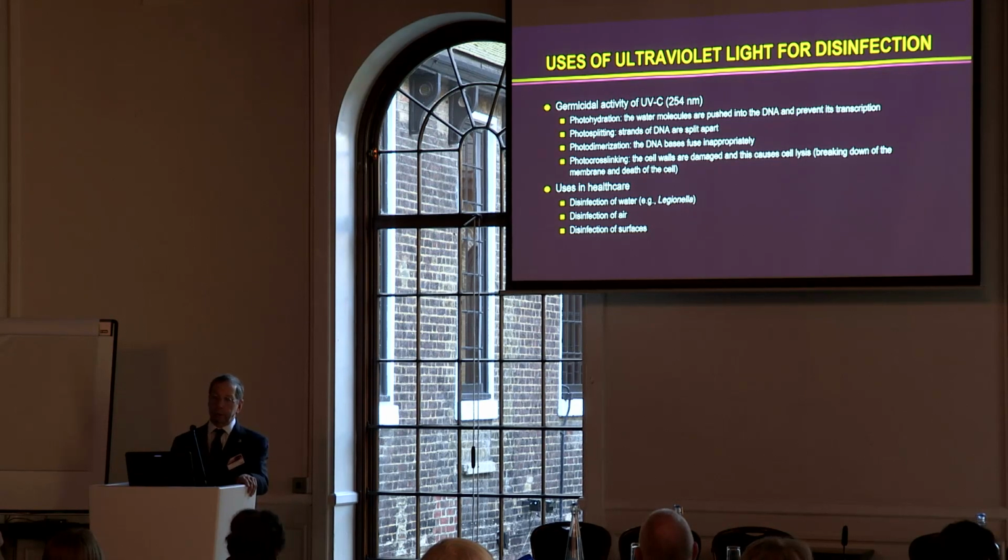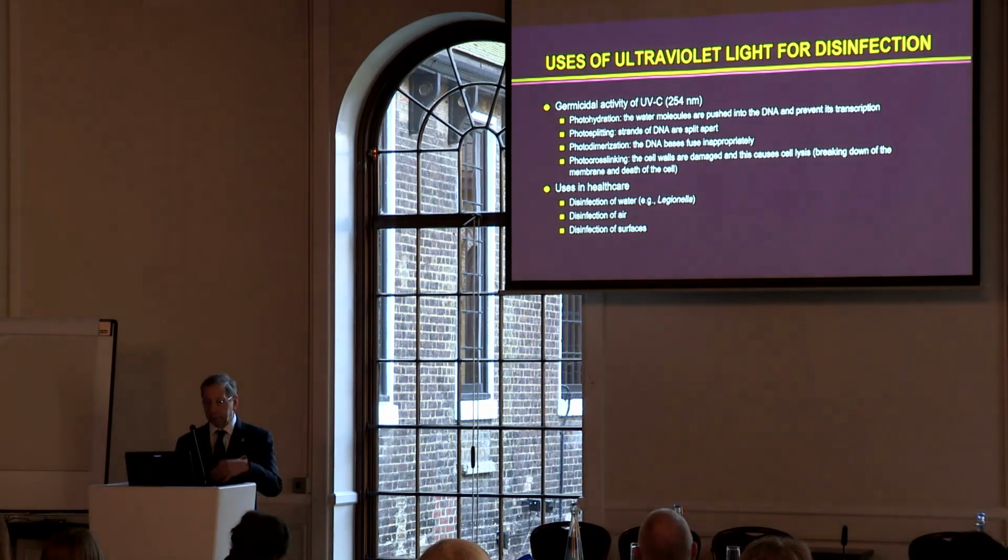Let me turn briefly in the last few minutes to ultraviolet light. Ultraviolet light, particularly at 254 nanometers, is highly virucidal and bactericidal through a whole variety of mechanisms. It dehydrates the DNA. It splits the DNA strands apart. Fuses the DNA.